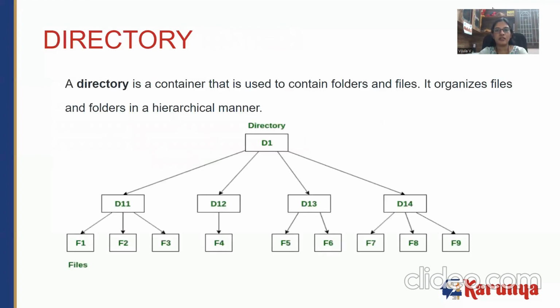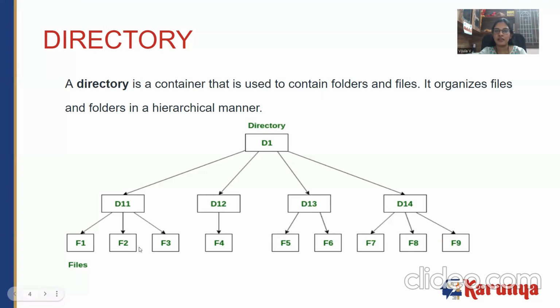So coming to what a directory is: a directory is a container that is used to contain folders and files. Here you can see that this organizes files and folders in a hierarchical manner, which helps us to sort files in an easier way. We have a single directory, and then subdirectories D11, D12, D13, and D14.